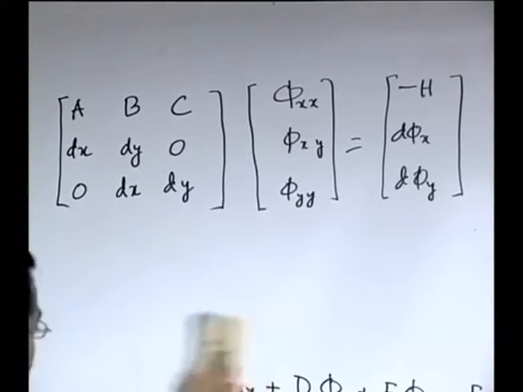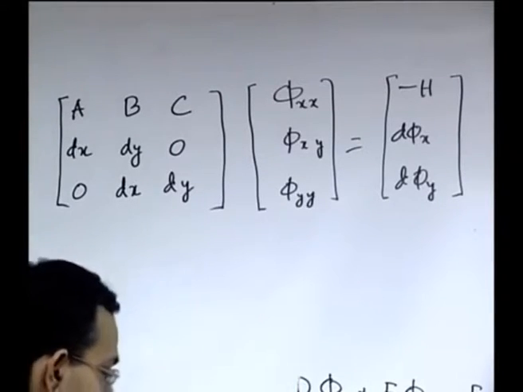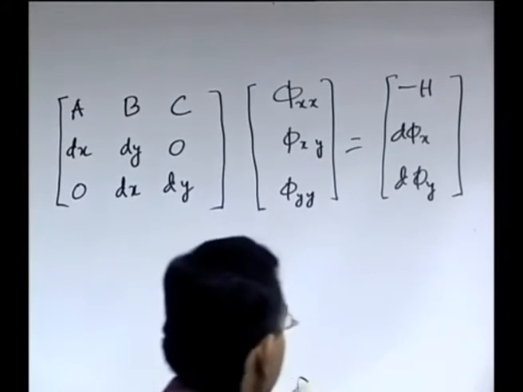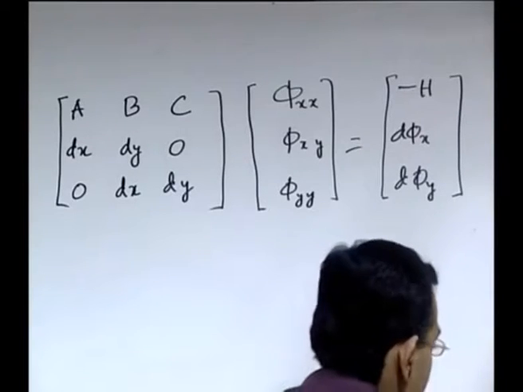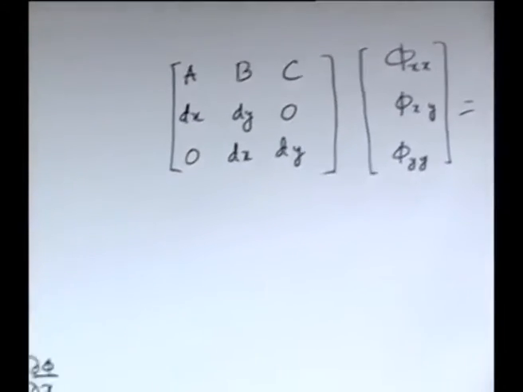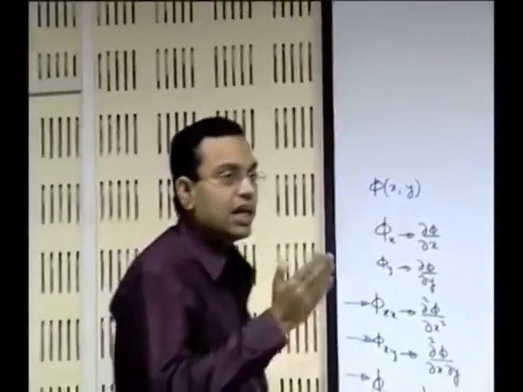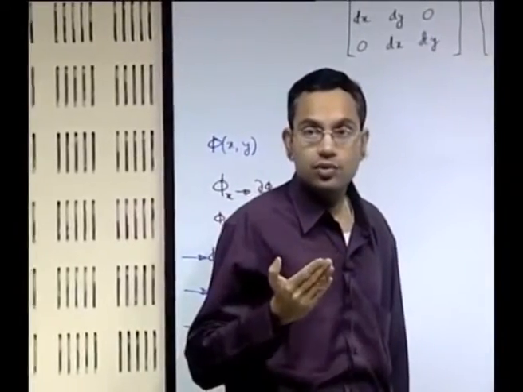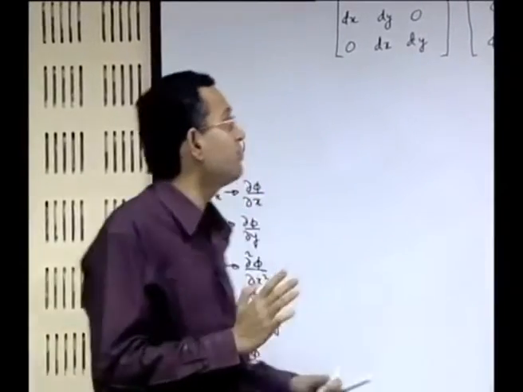Why have we arranged it in this particular form? Because we are interested in the variables in the highest order derivatives. So, phi xx, phi xy, phi yy, these are the variables for which we are interested. Along the characteristic lines, these will be discontinuous. So, we are interested about the values of these variables.